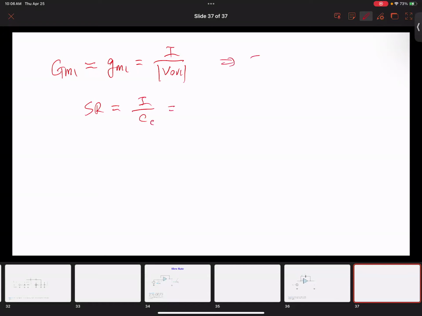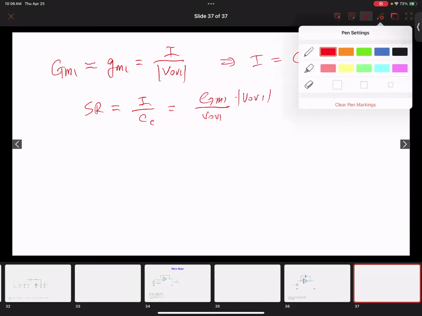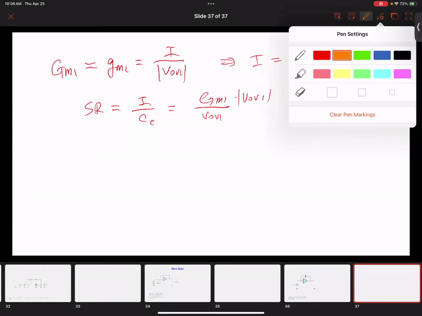From here, we get I equal to GM1 times VOV1, right? So now we plug this in, and we get SR equals GM1 times VOV1 divided by CC.